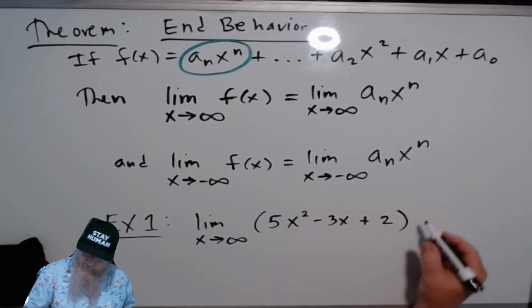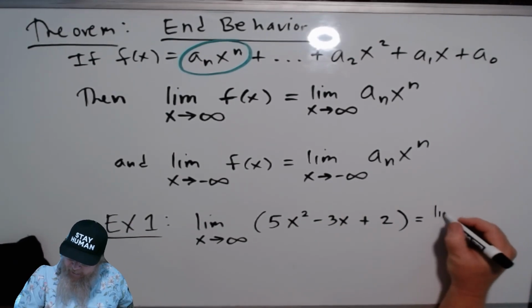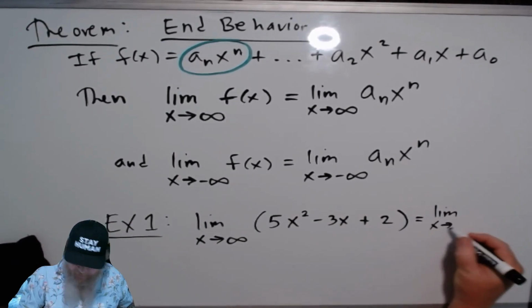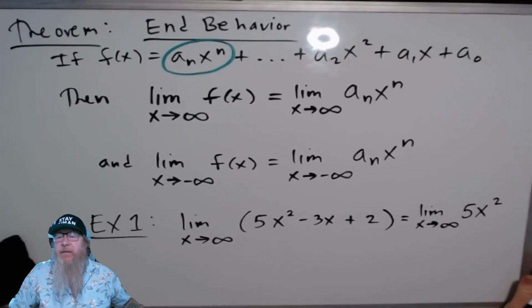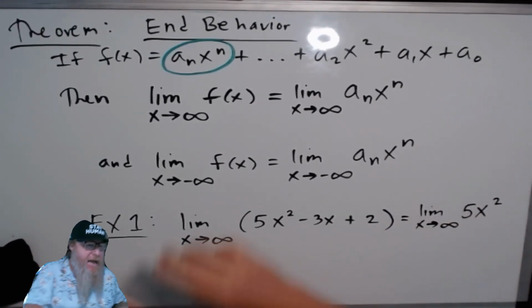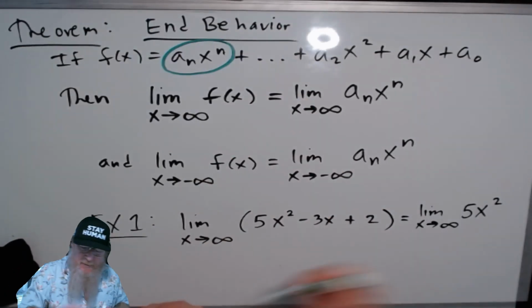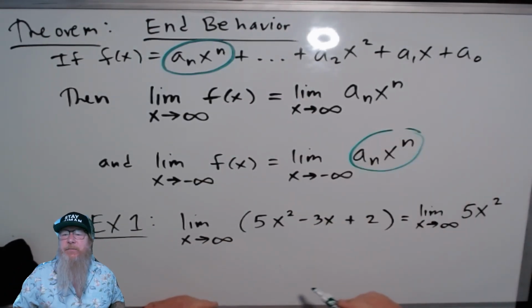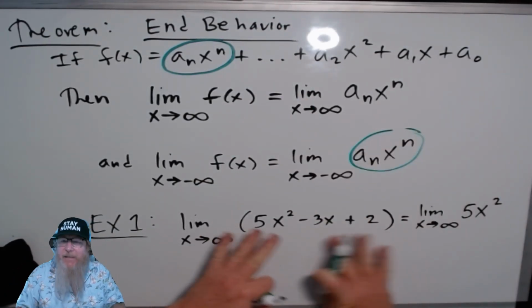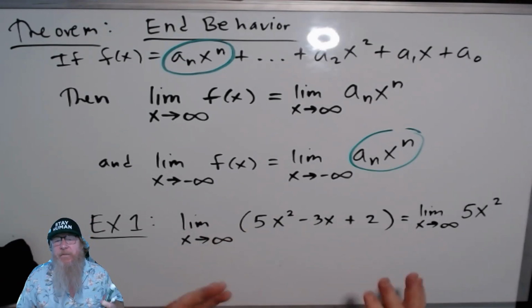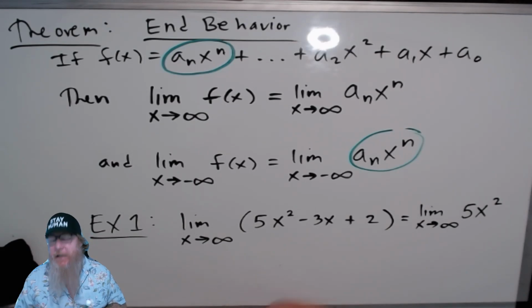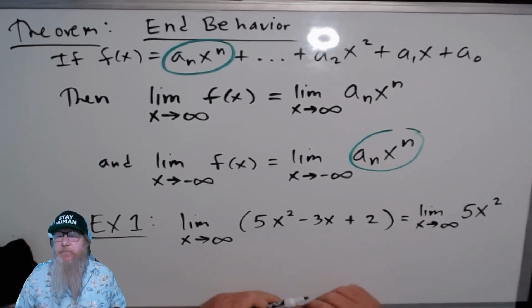So we can take the limit as x goes to infinity of 5x squared. That's the a_n x to the n here. I don't have to look at the entirety of the rest of the terms. I can just look at the leading term.